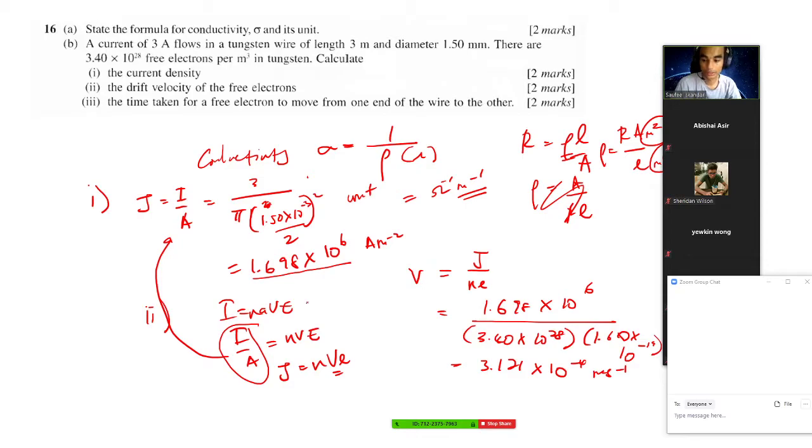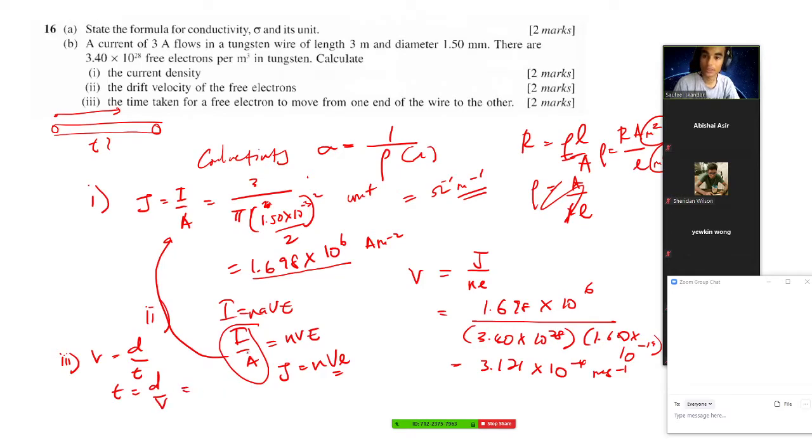Okay, so number 3, the time taken for an electron to move from one end to the other end of the wire. So we have a wire over here. What would be the time for one electron to move from this side to the other side? You have v equals d over t, velocity equals displacement over time, so t equals d over v.